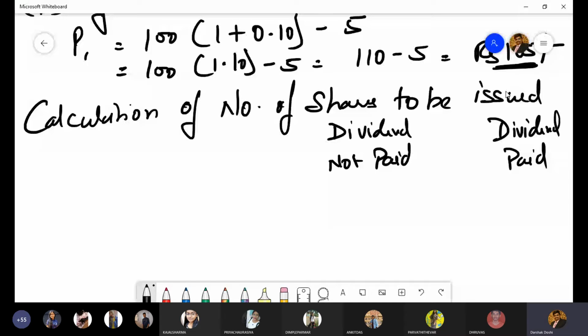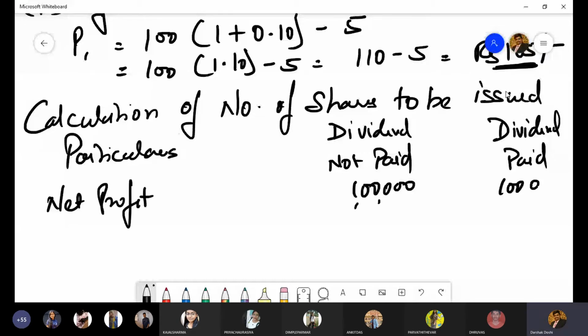So you will have to make columns. We start with the net income of 1 lakh rupees at the end of the year. So net profit will be there whether dividend is declared or not. Can I say the profit remains the same? From this, we will reduce dividend paid.